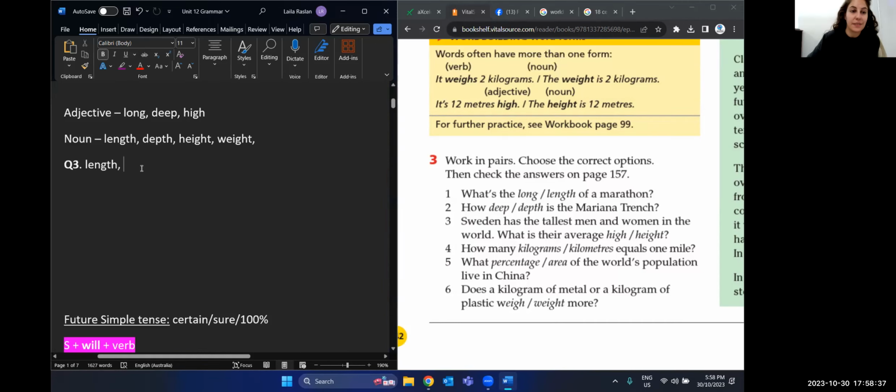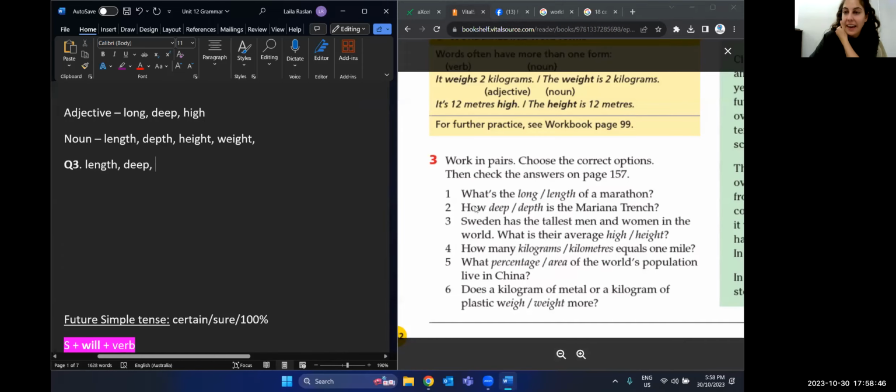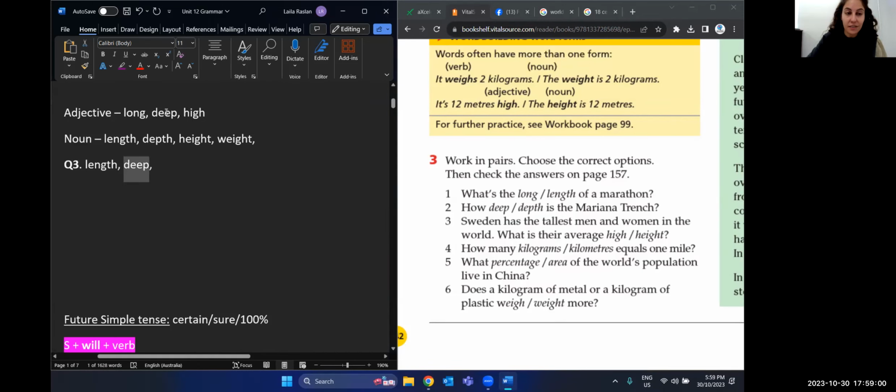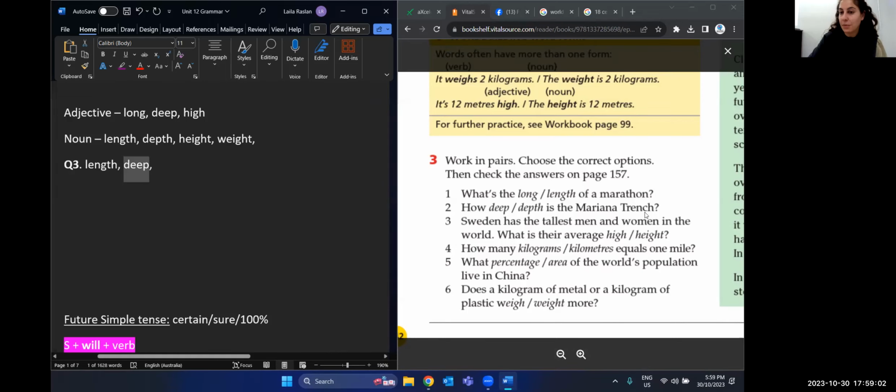How deep? Deep. Usually with how questions, you'll say how plus adjective: how big, how strong, how amazing, how deep. So whenever you see how, you've got to use the adjective. How deep, how high, how long, how deep. How deep is the Mariana Trench?